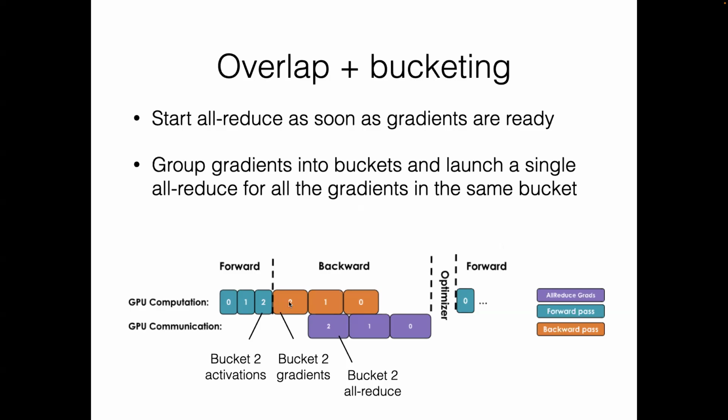Once we have the gradients for the last layer of the model, since backpropagation moves from the last layer to the first layer, we can start doing the all reduce for this last layer as the previous layer is starting to do its computation. So we don't have to wait all the way to the end. We can just start doing these individual all reduces early on.